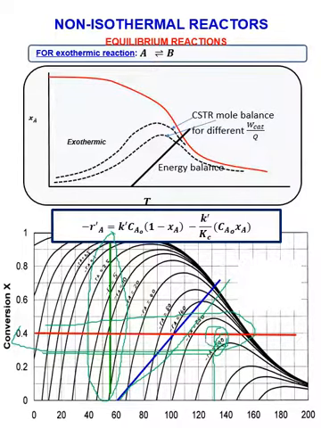And it's a good idea to target a CSTR to operate, if I want a specific conversion, at that maximum rate.